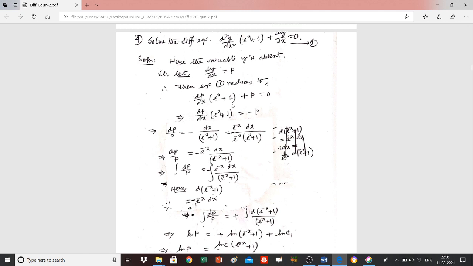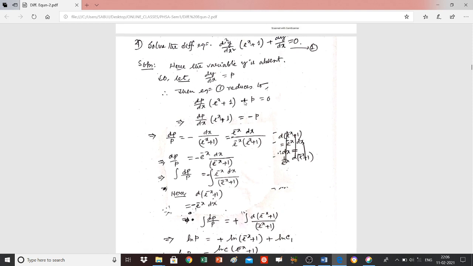Then e to the power x plus 1, and dy by dx is taken as p, so plus p is equal to 0, or dp by dx into e to the power x plus 1 is equal to minus p, or from here dp by p is equal to minus of dx by e to the power x plus 1.